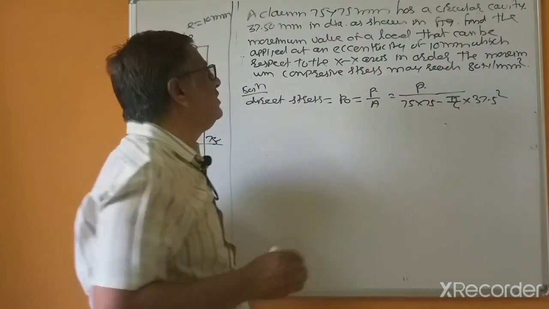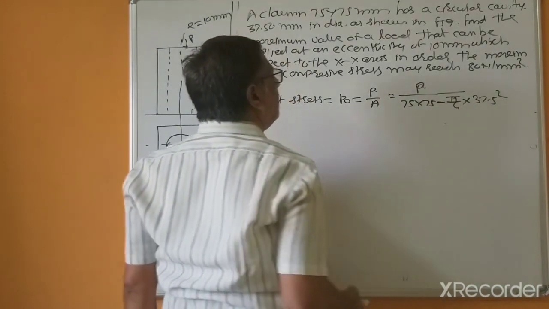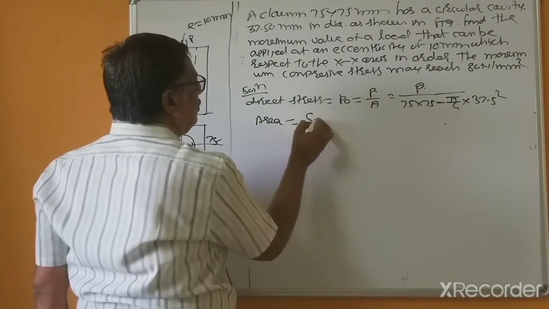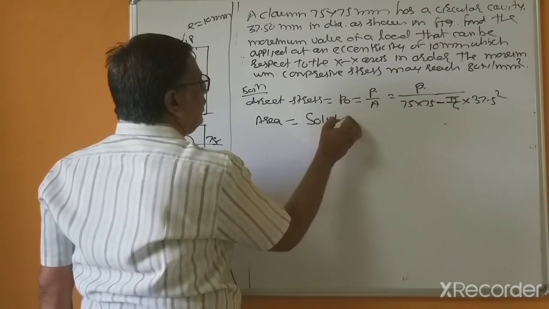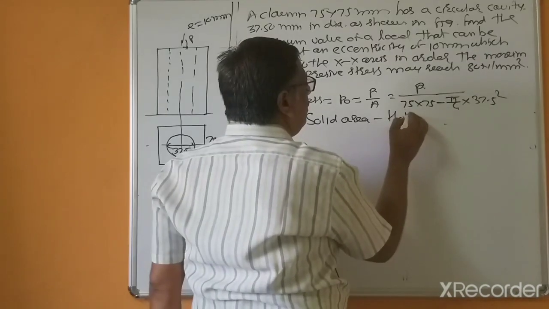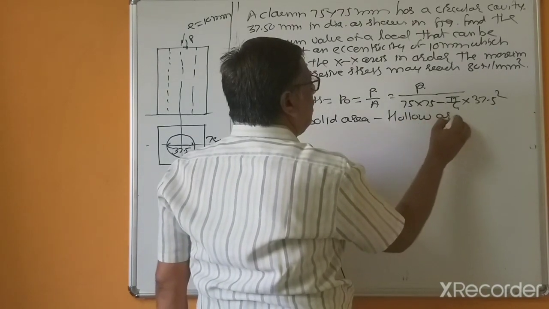Try to understand why: area equal to solid area minus hollow area.